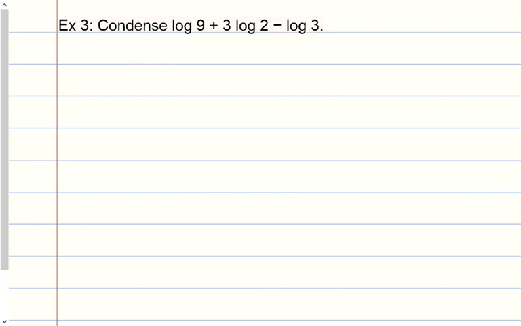So I'm going to rewrite the problem. Log of 9 plus 3 log of 2 minus log of 3. So if you remember in example 2, the last thing we did when we expanded was to take the exponent and put it out front.